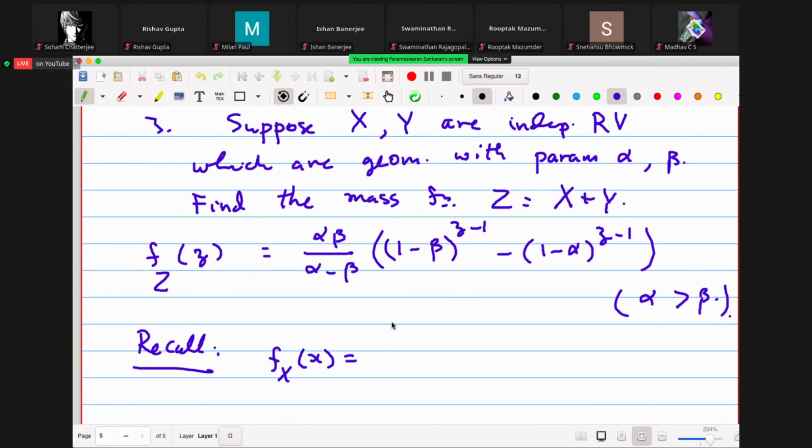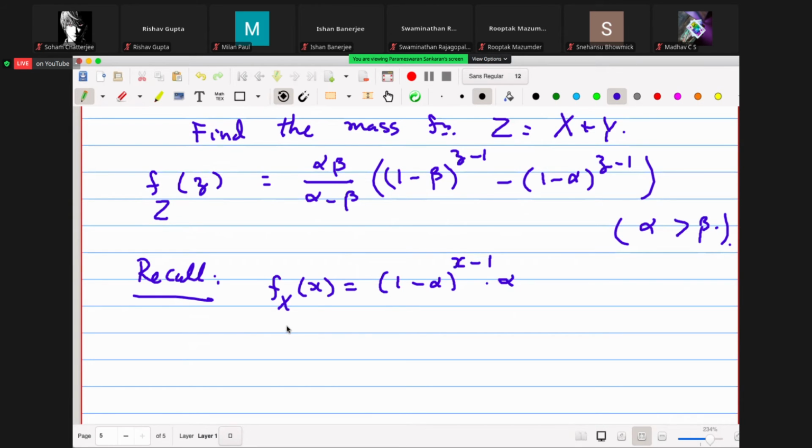It's like saying you keep tossing a coin until heads turns up, with probability of heads equal to alpha, and until you meet with success, you keep tossing the coin. So this is (1 minus alpha) power x minus 1, times alpha. At the x-th toss, you met with success. So this is the probability of that happening.